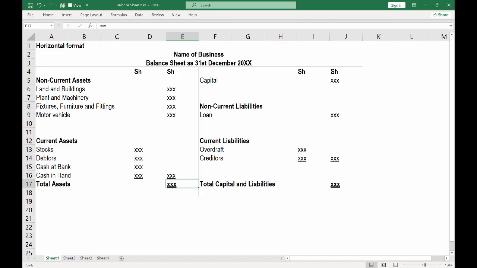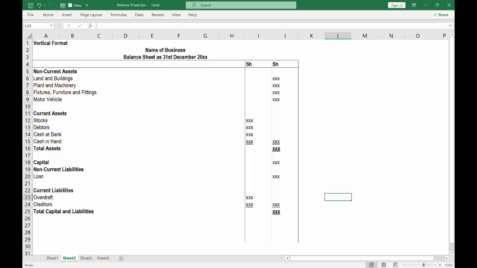In a vertical format, everything is arranged in a vertical way. You start with the non-current assets: land and buildings, plant and machinery, fixtures, furniture and fittings, motor vehicles. As said, they are listed in order of performance.